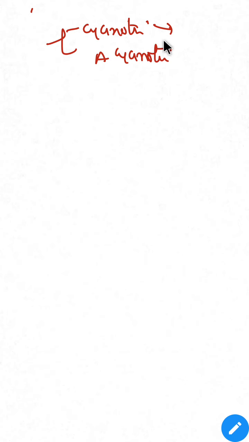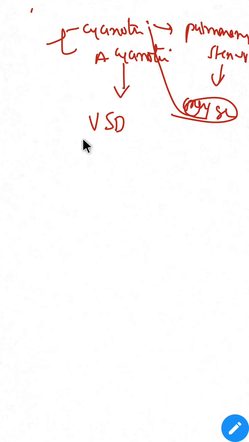In cyanotic, there will be more pulmonary stenosis. Due to this stenosis, oxygenation of blood will be impaired, and that results in cyanosis. Whereas in acyanotic, the ventricular septal defect will be more, so we don't see cyanosis. We see cyanosis only in cyanotic tetralogy of Fallot.